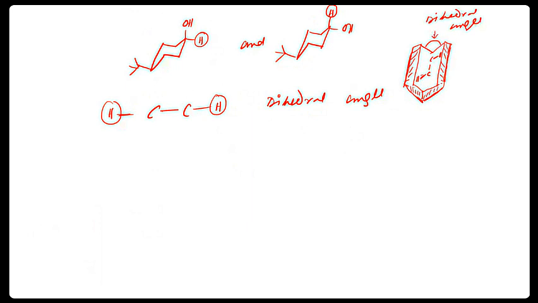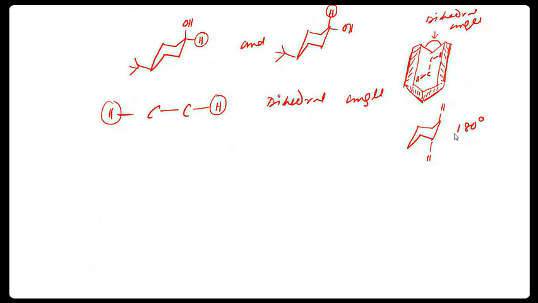If the dihedral angle is 180 degrees, the book is completely opened. Then the coupling constant is quite more because it's a parallel alignment. That's what we have learned.